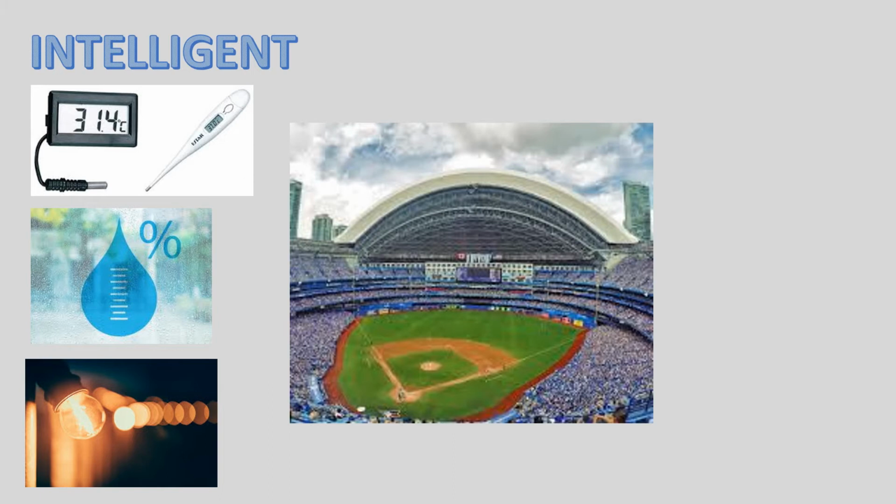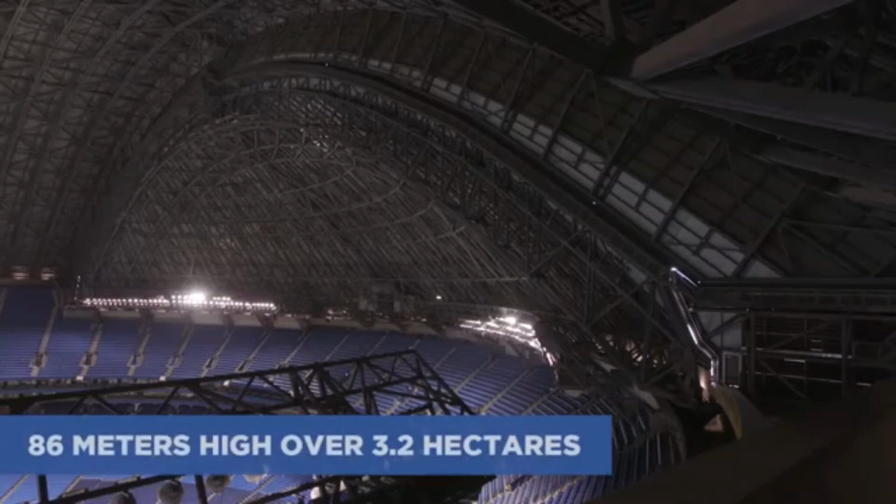And I'll show you a video about it because it shows exactly how technology can help the building interact with the environment, although it would still be controlled by humans. But this interaction can help reduce energy costs, as for example in the case of the stadium, heating or lighting requirements. Let us watch.